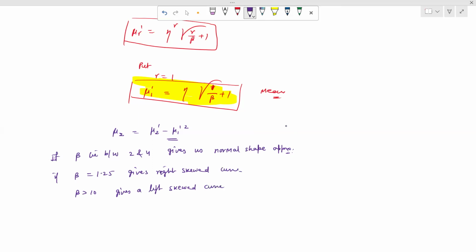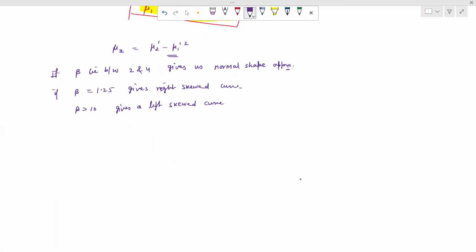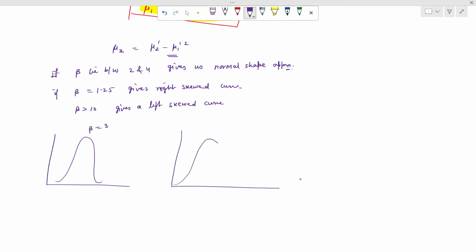So these are the beta values, and on the basis of that we can draw the graphs. Suppose we are drawing the graph. For approximately normal, we consider beta equal to 3. The second figure, we have this type of graph, where beta is equal to 1.25.